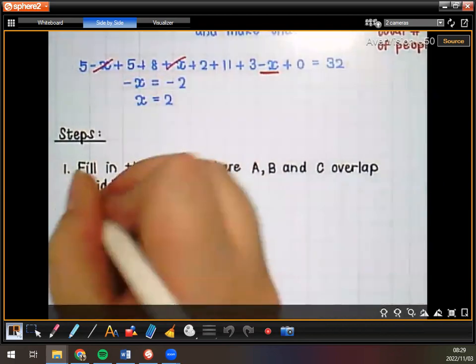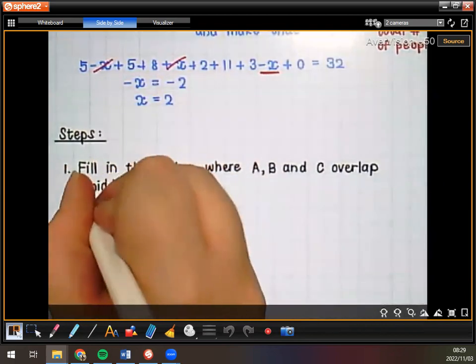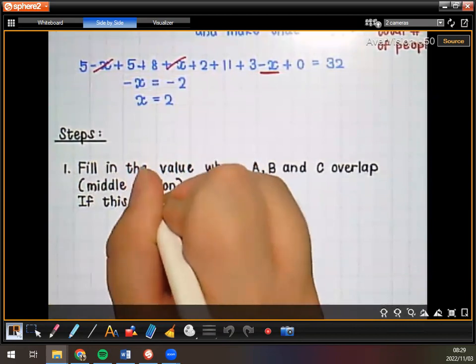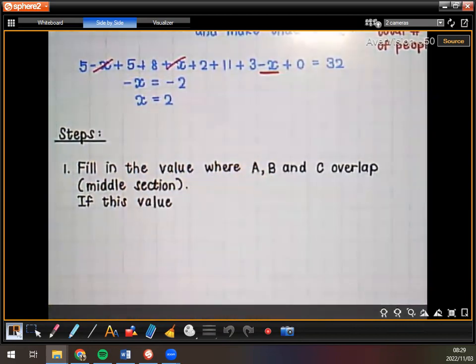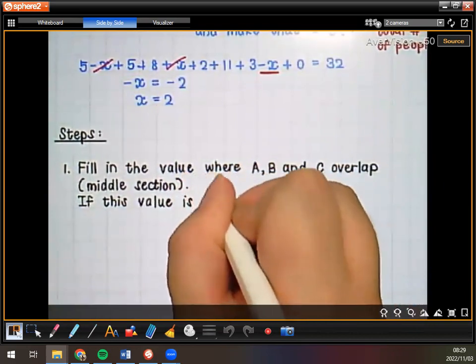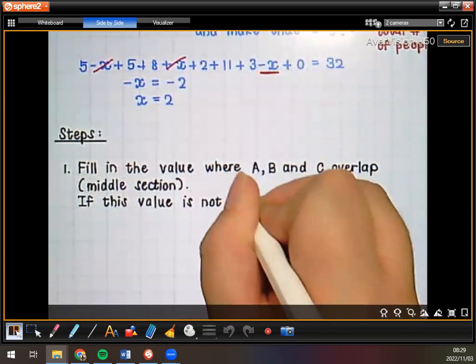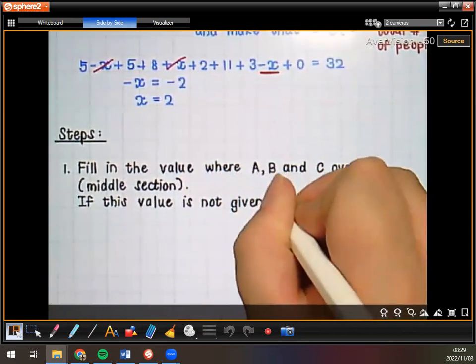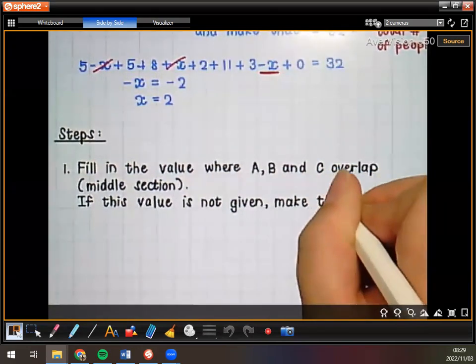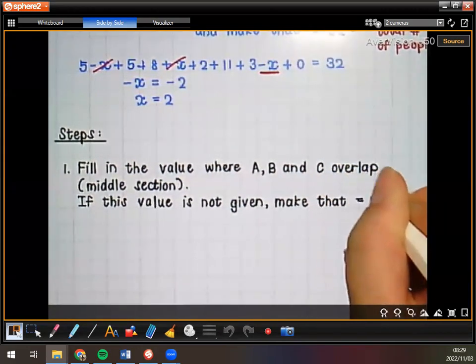Okay, important. If this value is not given, in the example that we just did, it was given, they told us it was 2, but if it is not given, make that equal to x.